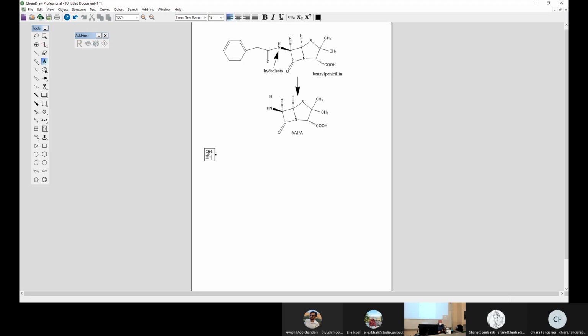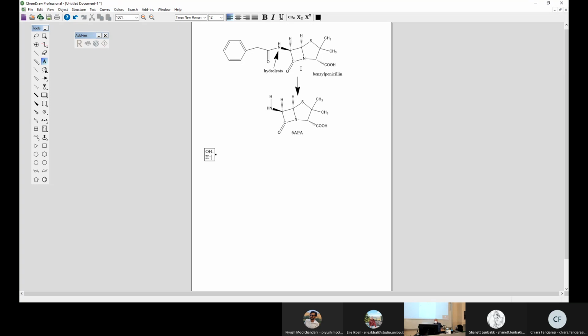But the problem is that on the same molecule, we have 2 amide functions. One is exocyclic, outside the cycle, and the other one is the beta-lactamic function. A lactam, you know, is a cyclic amide.